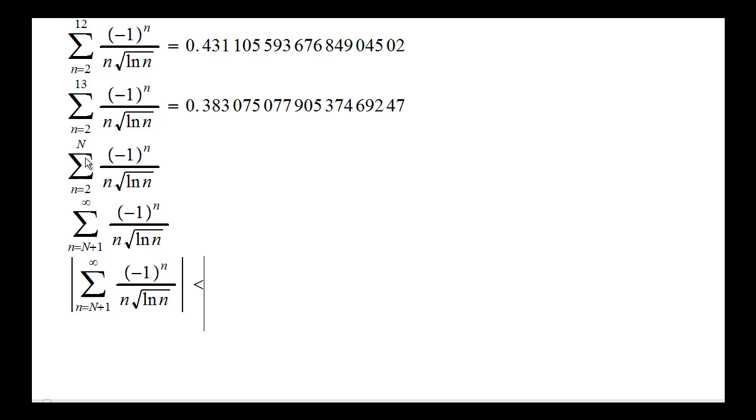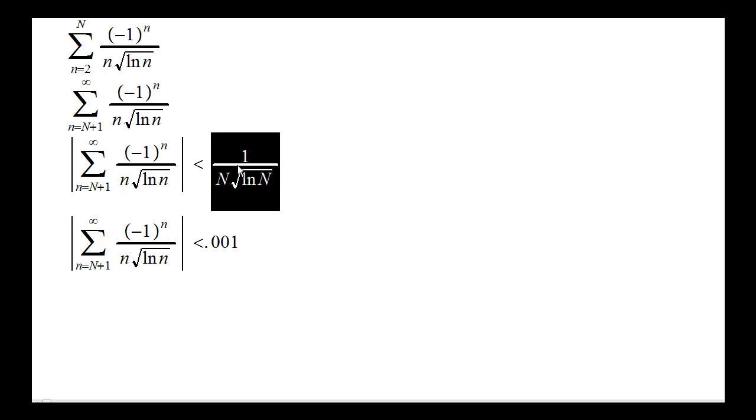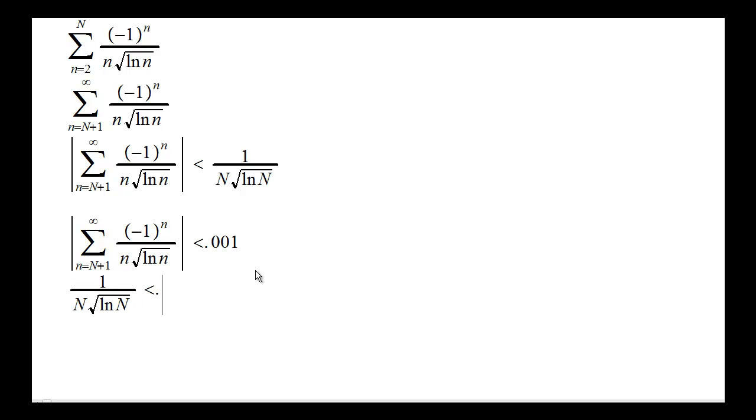The absolute value of the capital Nth term, which in this case would be 1 over N square root of ln of N. So now let's say we want to find a value of capital N so that this has to be less than 0.001. It will suffice to find an N for which this value is less than 0.001.